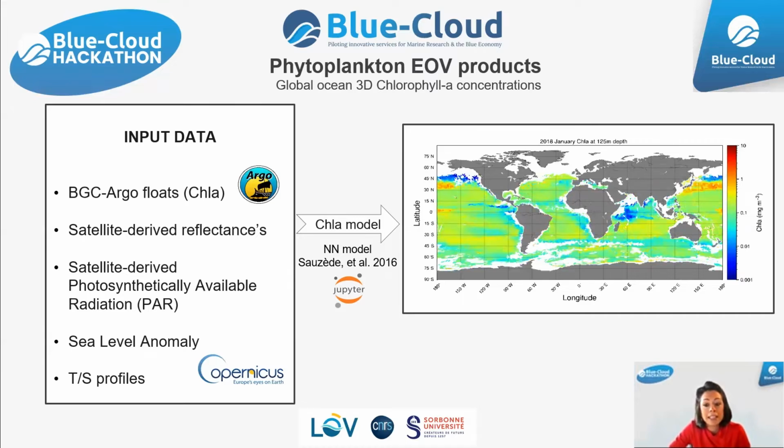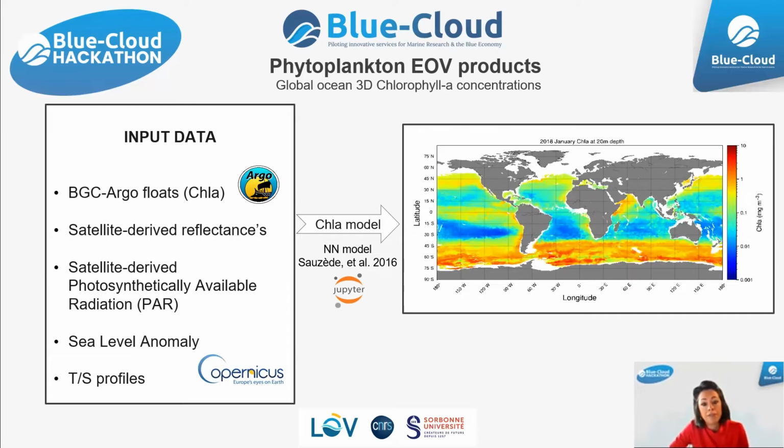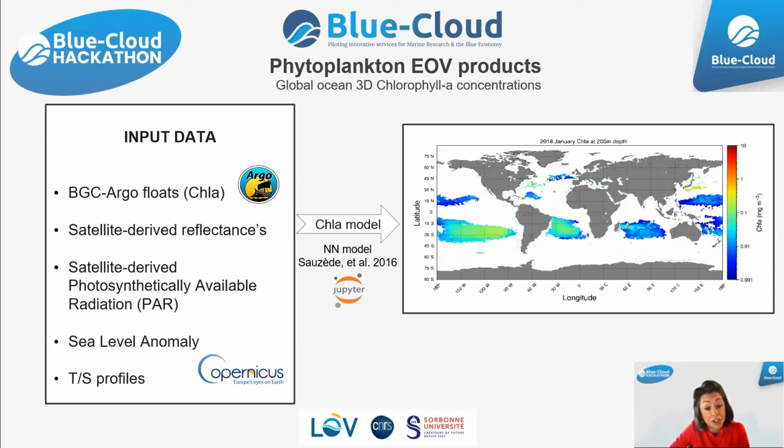So we can see a latitudinal gradient and a decrease of chlorophyll A concentration with depth, which, if you see in the GIF, we have 36 different depths. This product has been developed by our colleagues in the Laboratoire Oceanographique Villafranche.